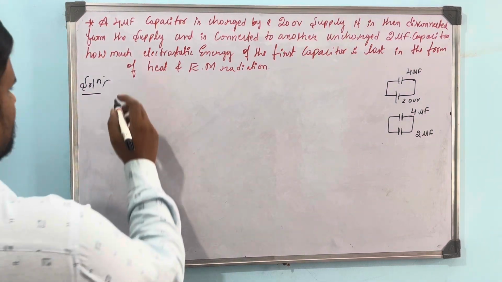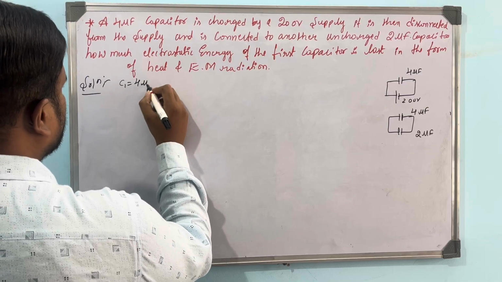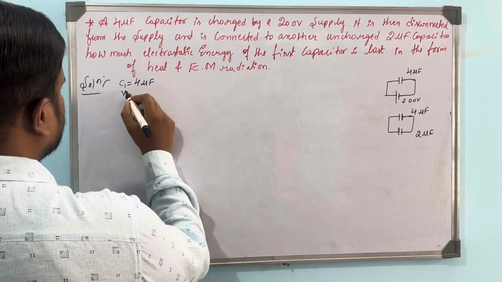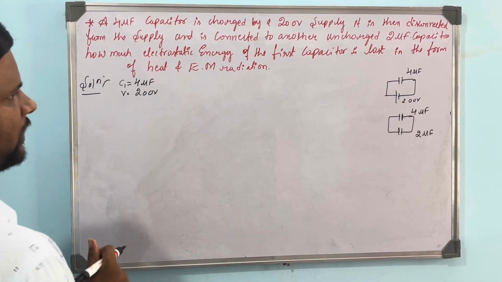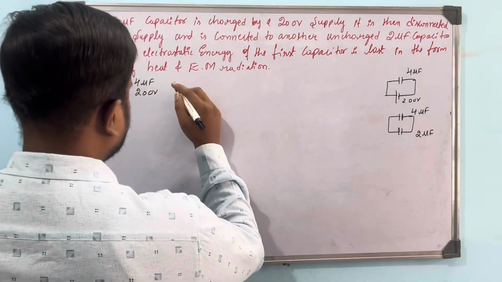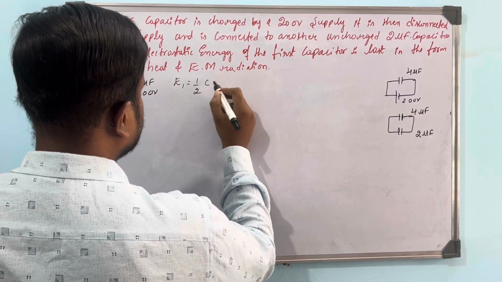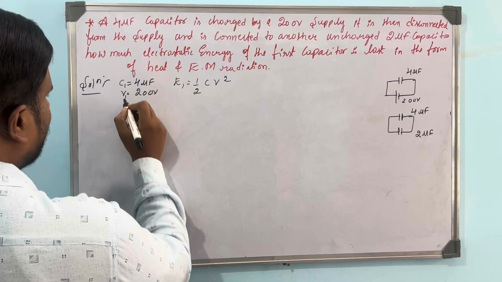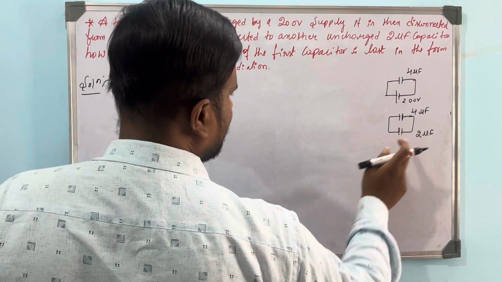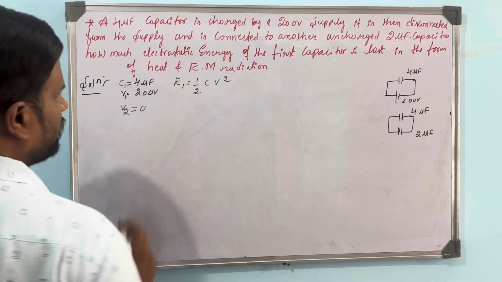Here C1 is 4 microfarad, charged by connecting a 200 volt supply. In the initial case, the energy is given by E1 equals half C V square. Initially I will take V1; in the second case they have not given a voltage, so V2 is equal to 0.